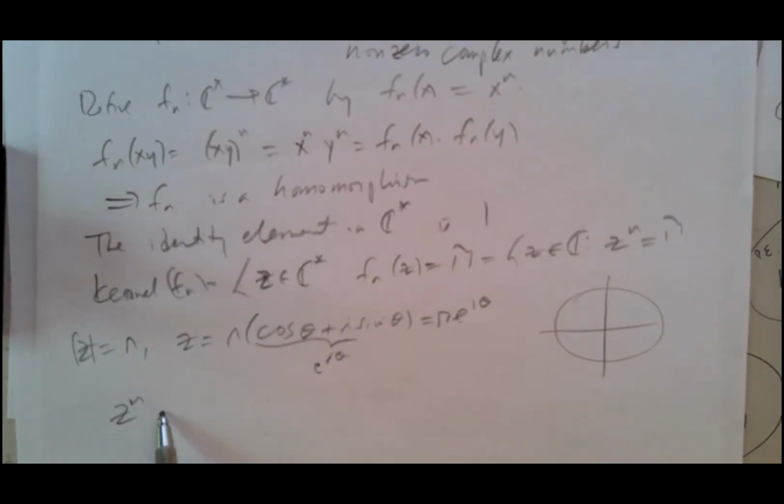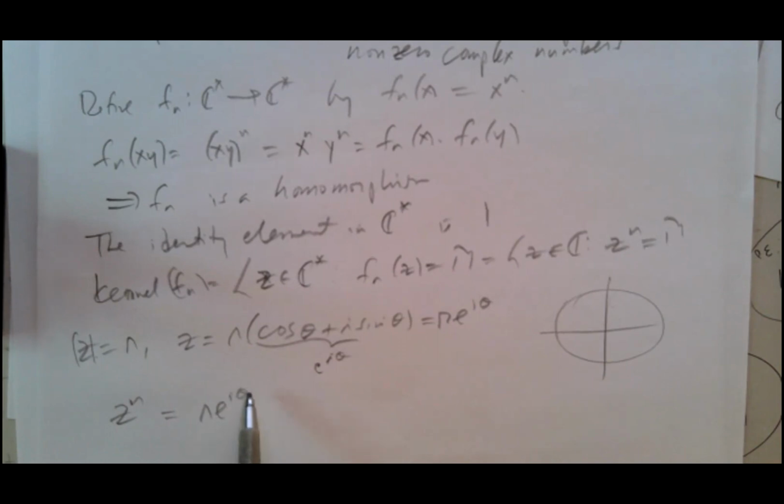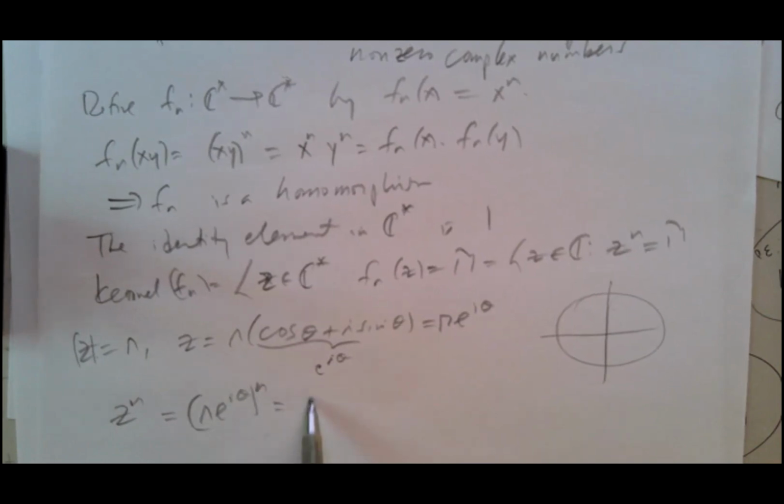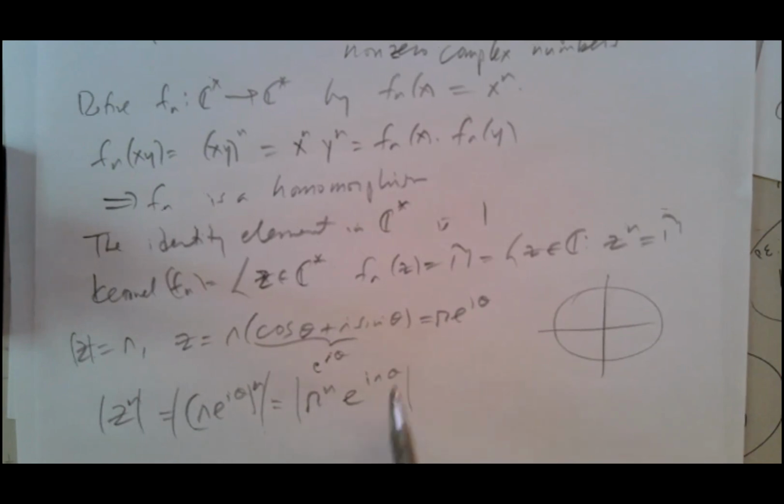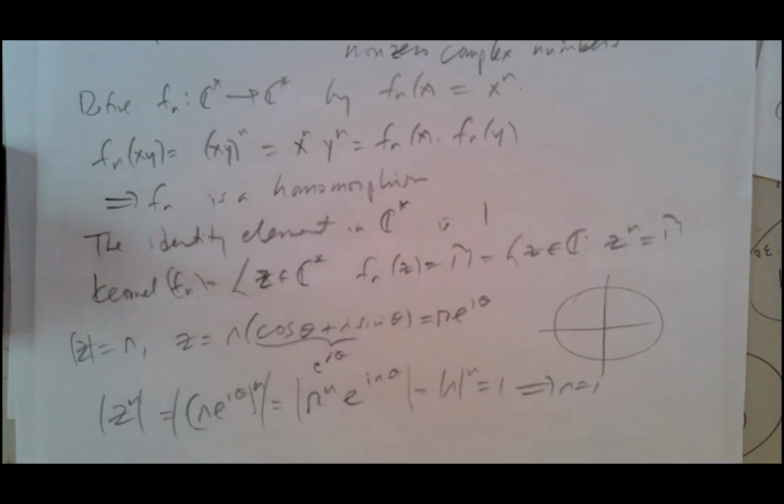So z to the n is (r e to the i theta) to the n. That's r to the n e to the i n theta. And this has absolute value 1. This is just the absolute value of r to the n. That's 1. So r equals 1.